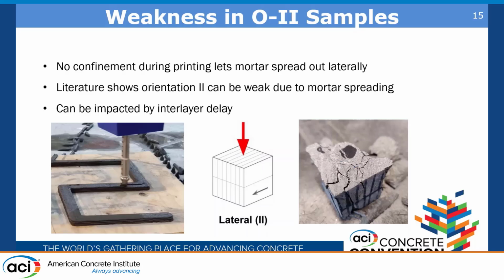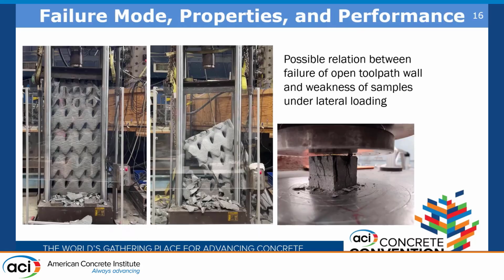So that's good for our mix most of the time, but for our open toolpath samples specifically, places of high variation between different layers, as was shown in our toolpath previously, may have led to failure of one layer due to additional loading before it was able to set fully. Taken together with our wall results, we can then hypothesize a possible relation between the weakness of our compression samples and the difference in failure methods between our two walls.